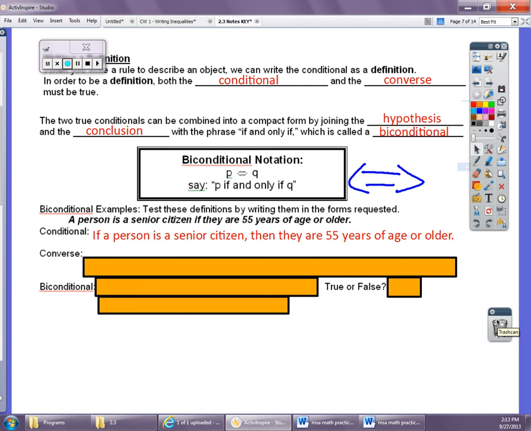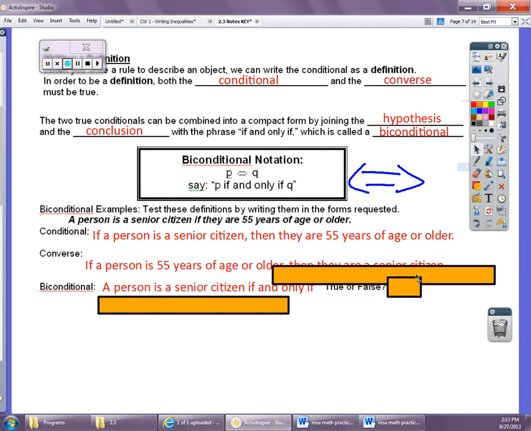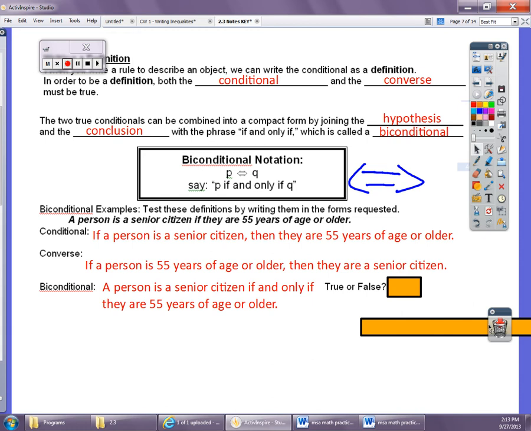The converse would be, if a person is 55 years of age or older, then they are a senior citizen. Or biconditional: a person is a senior citizen if and only if they are 55 years or older. And this is true.